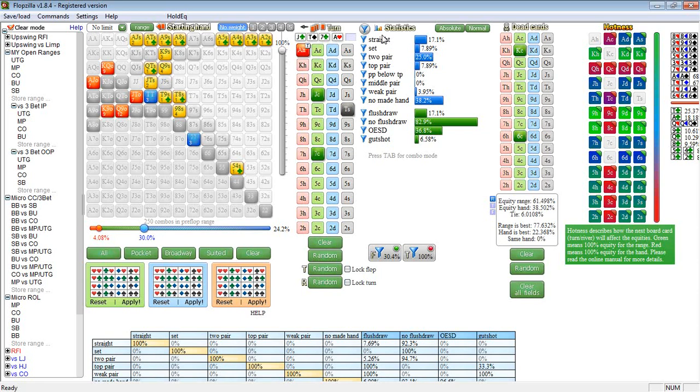I don't think he's folding 10 9 or 10 8 of clubs, and I don't think he's folding queen 10 of clubs. Queen 10 of clubs still has a gut shot. I don't think he's folding that. 10 9 of clubs, that has a gut shot. He's not folding that. 10 8 of clubs has a gut shot. He's not folding that because he has a gut shot and he can hit the flush on the river. The only thing we're getting him to fold here is 5 4 of clubs.